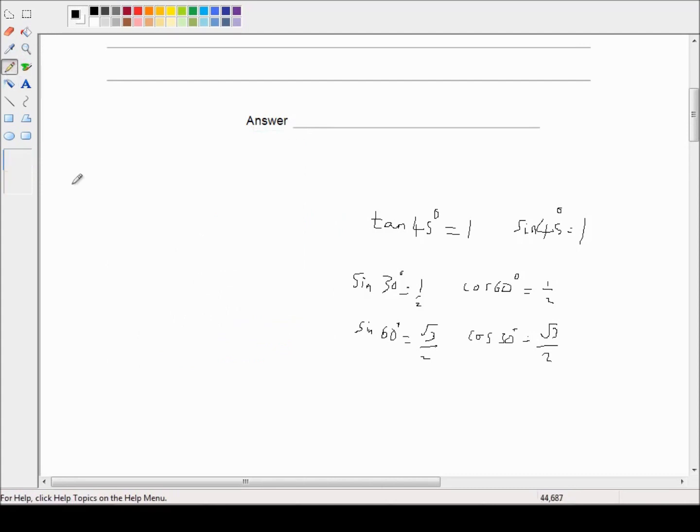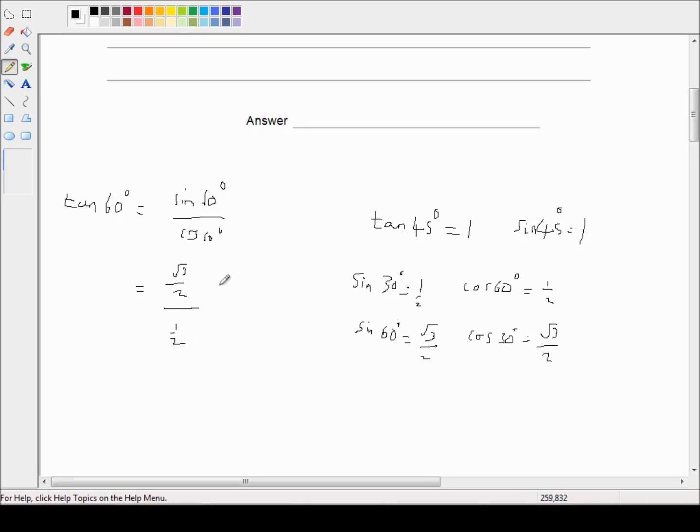Now the tangent of 60 degrees is equal to the sine of 60 degrees divided by the cosine of 60 degrees, which is equal to, well, the sine of 60 degrees is root 3 over 2 divided by the cosine of 60 degrees, which is 1/2.